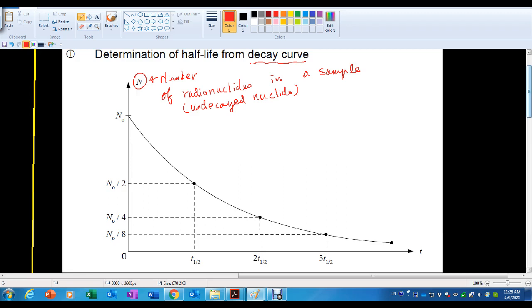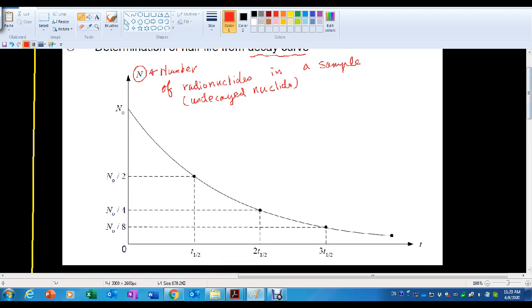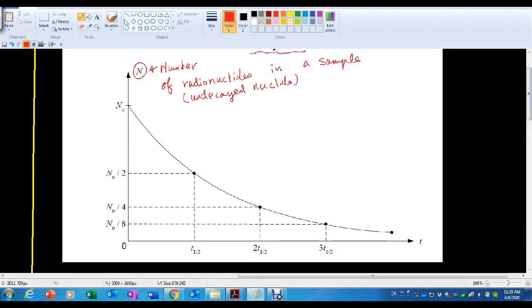And you see after each half-life, the axis is time. What's the unit of this time? It could be anything. Some decay curves drop very quickly, so the unit could be seconds, or it could be days, or years.